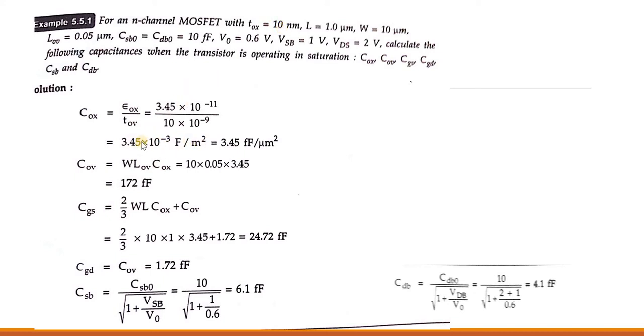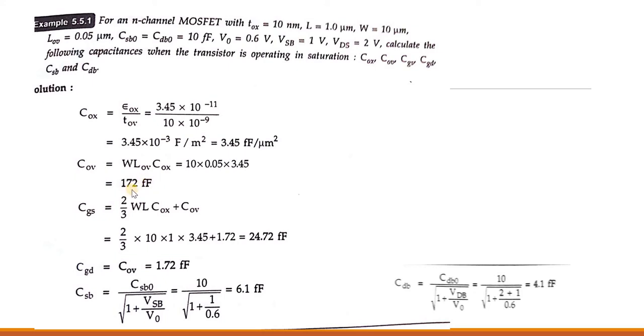Substitute that, you will get the answer as 3.45 into 10 to the power minus 3 farad per meter square. COX, the unit is farad per meter square, and this is converted into femto again. So this will be 3.45 femtofarad per micrometer square. Okay, and this COX substituted in the COV formula, you'll get the answer as 172 femtofarad.